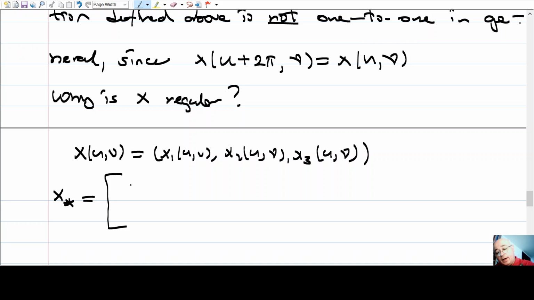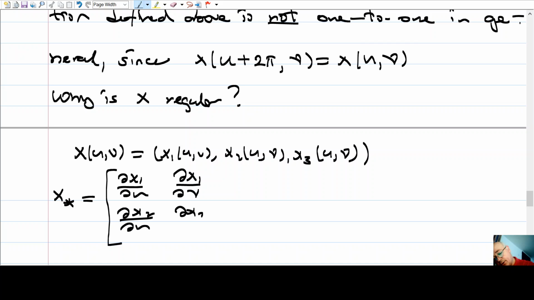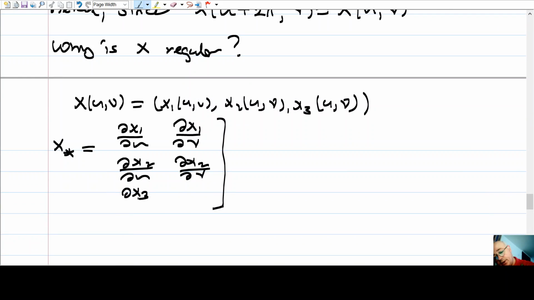The derivative map is given like this: the first derivative with respect to u, the second coordinate with respect to u, third coordinate with respect to u, and then derivatives with respect to v. Del x1 del u, del x1 del v, del x2 del u, del x2 del v, del x3 del u, del x3 del v.